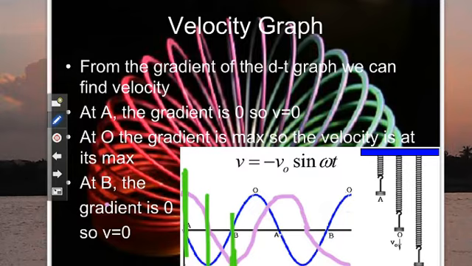And again, you can relate these to the gradients, just like when we were talking about translational motion. The velocity of the motion of the object is the slope of the displacement time graph.